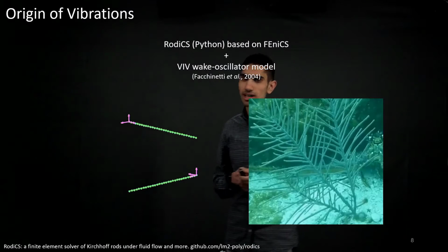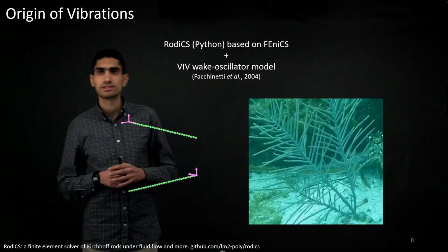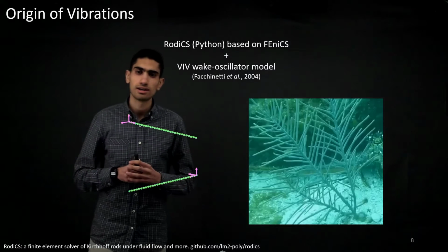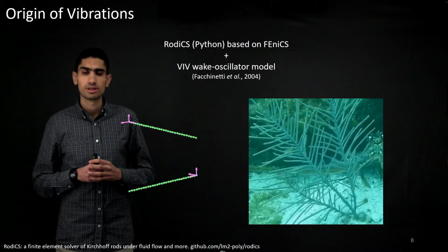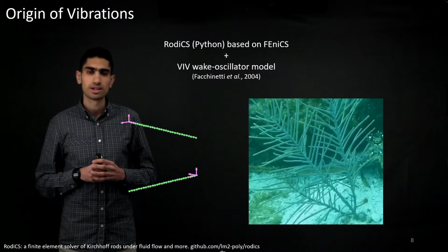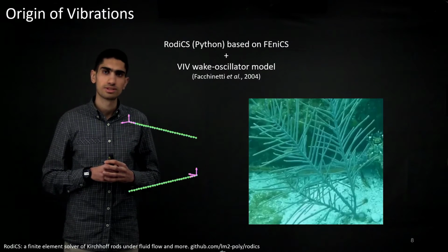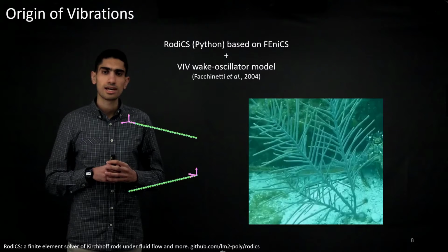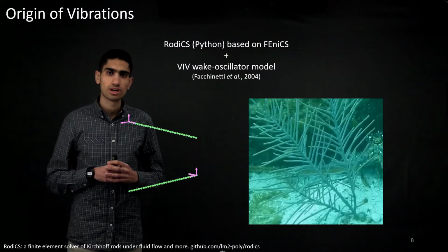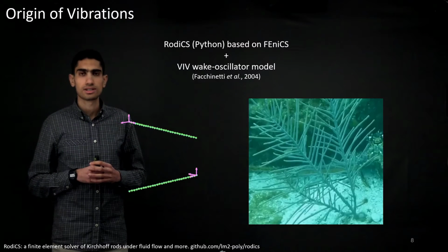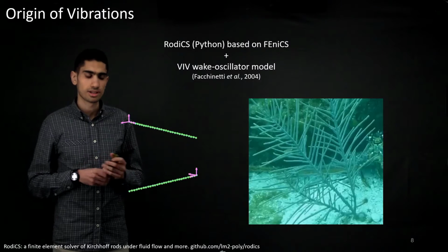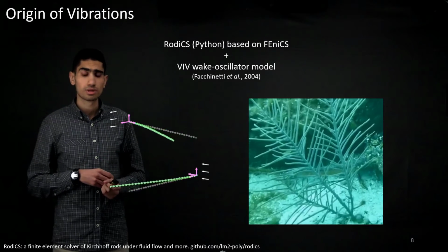To verify our hypothesis, we simulated the motion of an elastic rod subjected to VIV, and for that we wrote a Python code based on the finite element platform FEniCS, and we implemented the wake oscillator model proposed by Facchinetti and colleagues, which is a very well-known model in FSI. The results are the following.